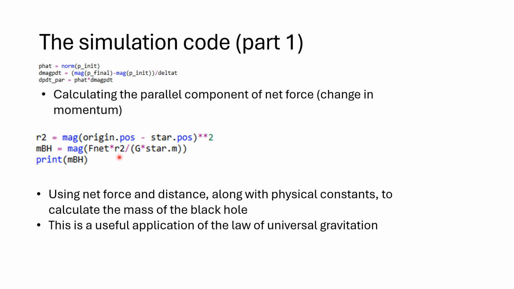So we solve for the mass of the black hole, big M, and then we just print it out at the end of the program. And then this is done a bunch of times at different points in the orbit, and these values are averaged out, and is a pretty useful application of universal gravitation.